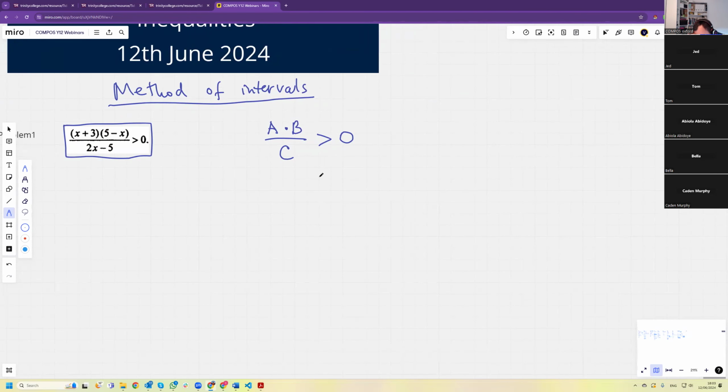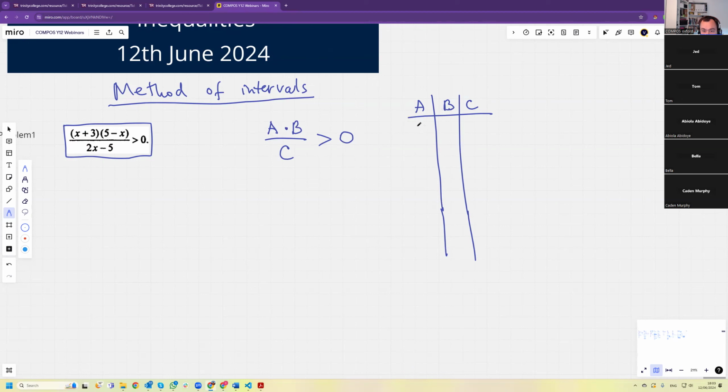Well, we could potentially look through all the possibilities. A, B, and C can be positive, negative, or 0, of course.